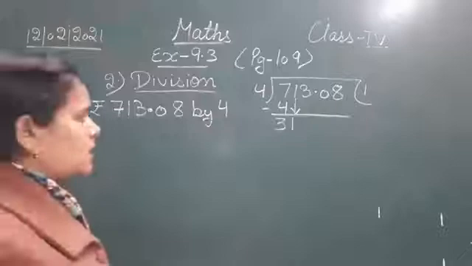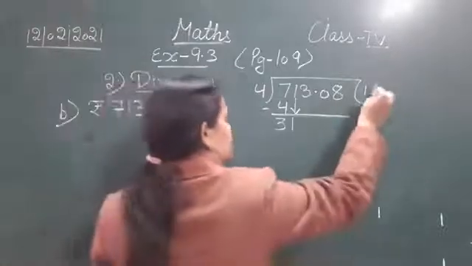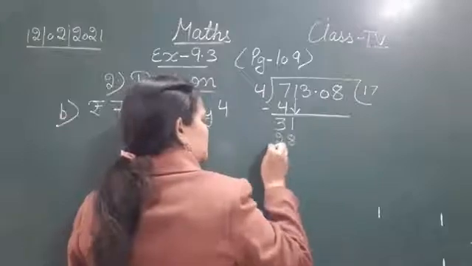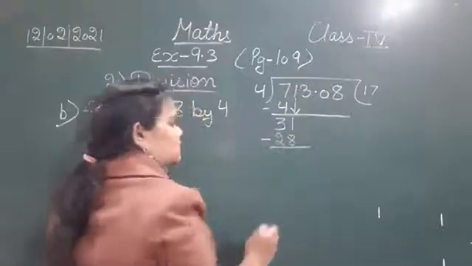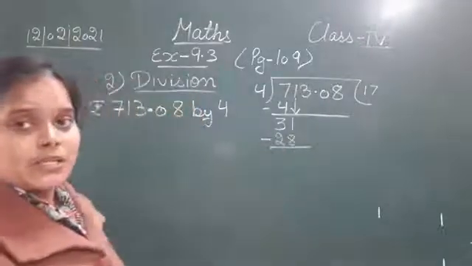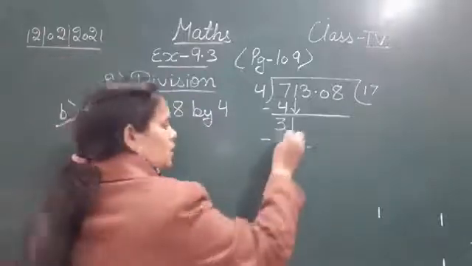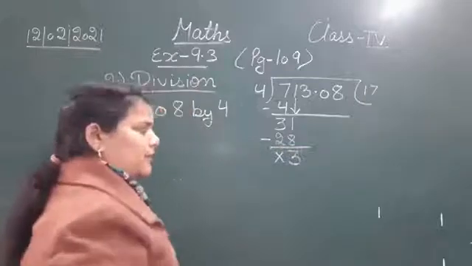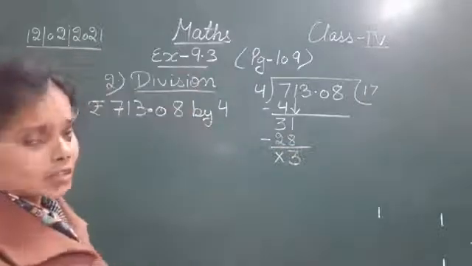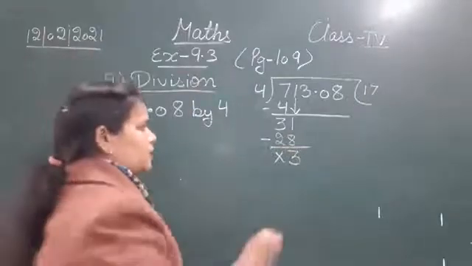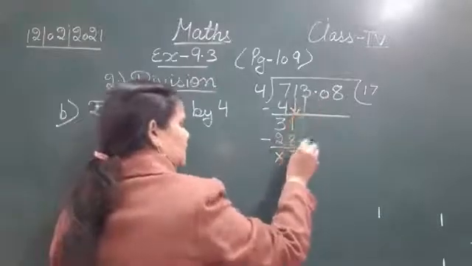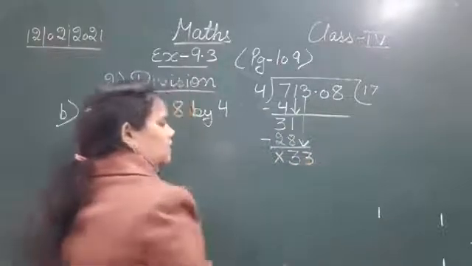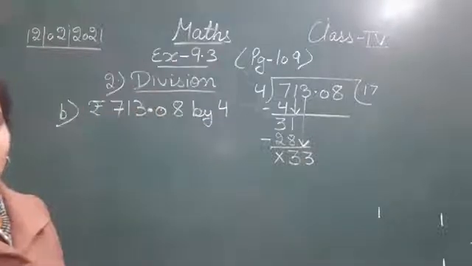Now 4 sevens are 28. 31 minus 28, that will be 3. Now we will bring down the next digit, that is 3 again. That became 33.